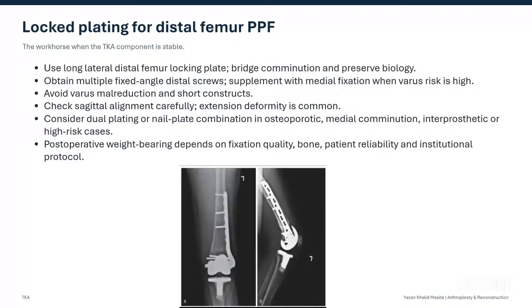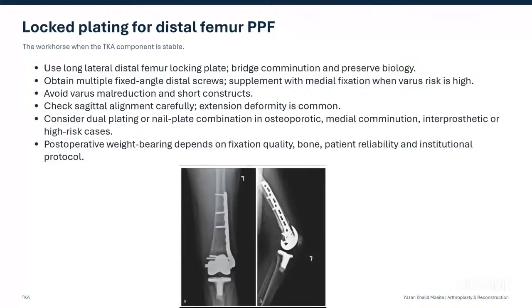Locking plate for the distal femur is the workhorse when the total knee arthroplasty components are stable. Use a long lateral distal femur locking plate, bridge the comminution and preserve biology. Obtain multiple fixed-angle distal screws, with medial fixation when varus risk is high.